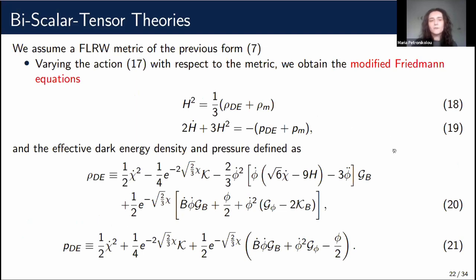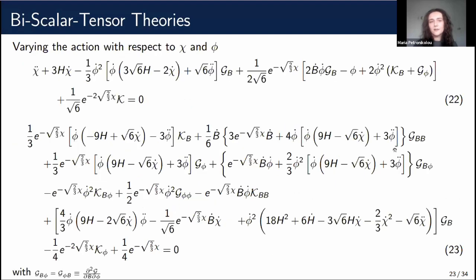And here we have the emergence of effective dark energy, and the effective dark energy density and pressure are given by equations 20 and 21, which clearly depend on the presence of the scalar fields phi and chi. Again, if we vary the action with respect to chi and phi, we can obtain the equations of motion for those scalar fields, equations 22 and 23.